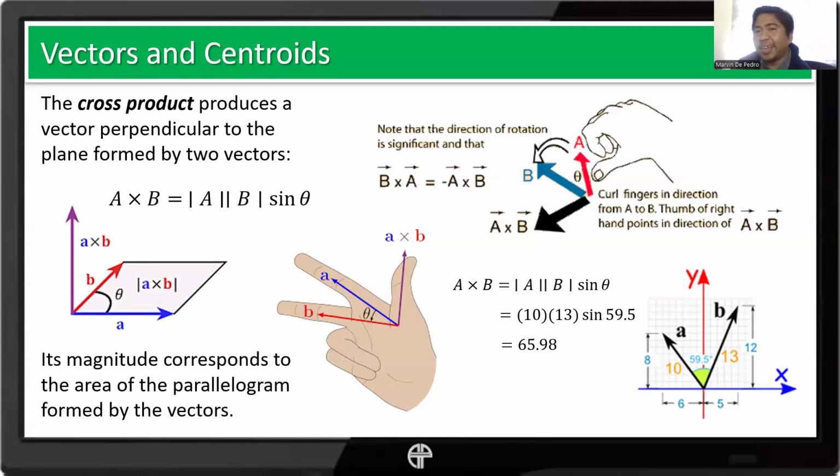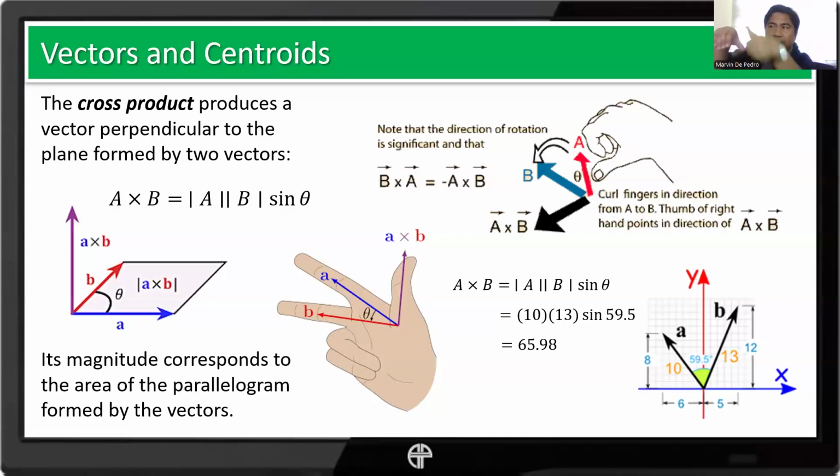Just take note that the direction of rotation is significant. For example, if we do it this way to signify the direction of vectors A and B, vector A is upward, while vector B is towards that.